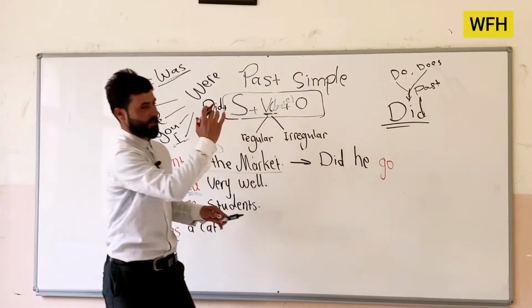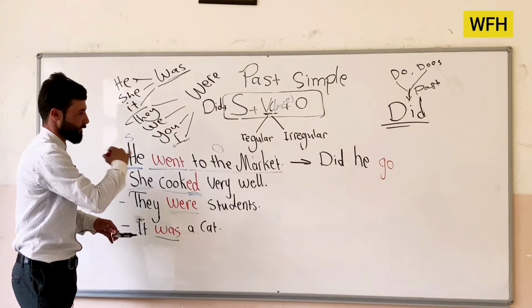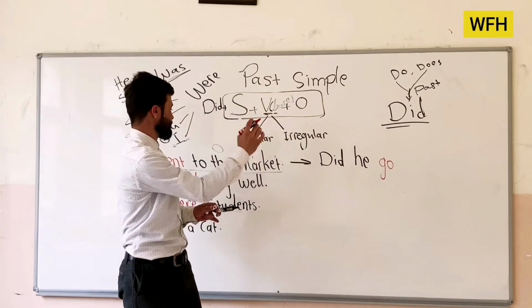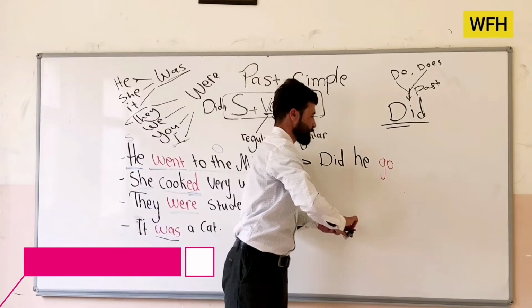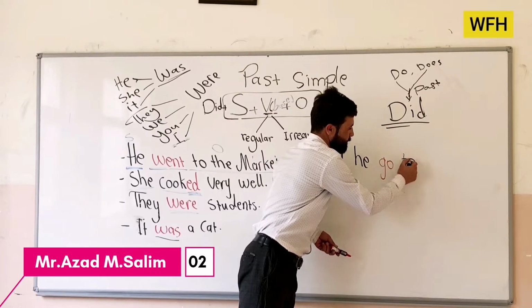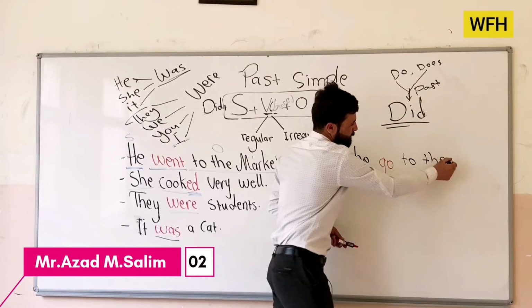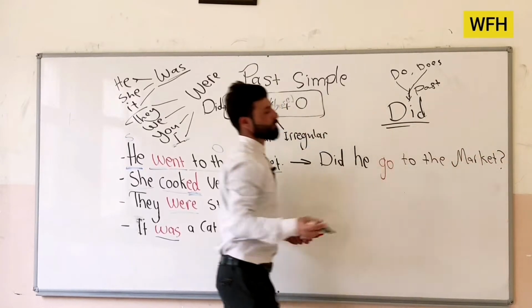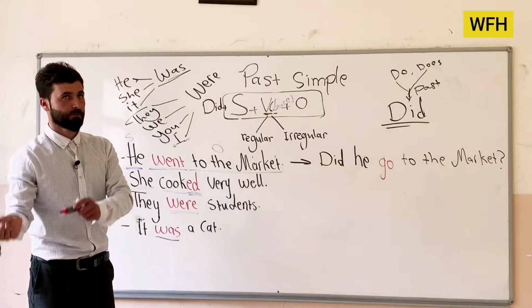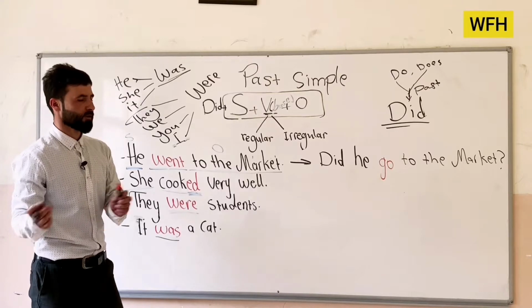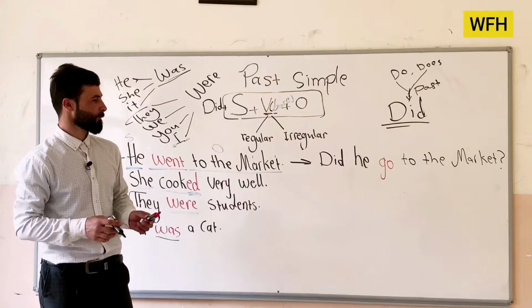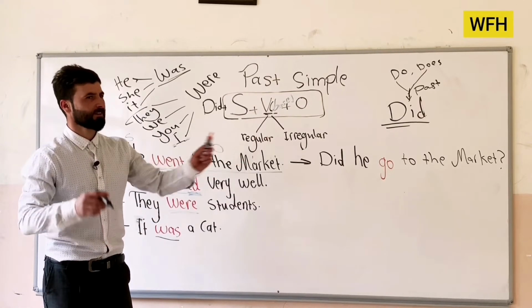So it steps back: went becomes go. Did he go to the market? You will not say did he went to the market. This is grammatically incorrect. Did he go to the market?